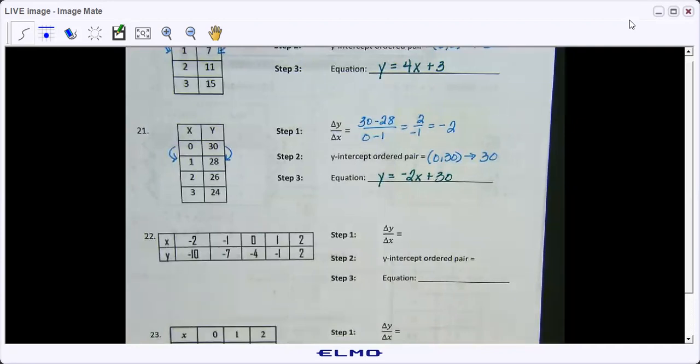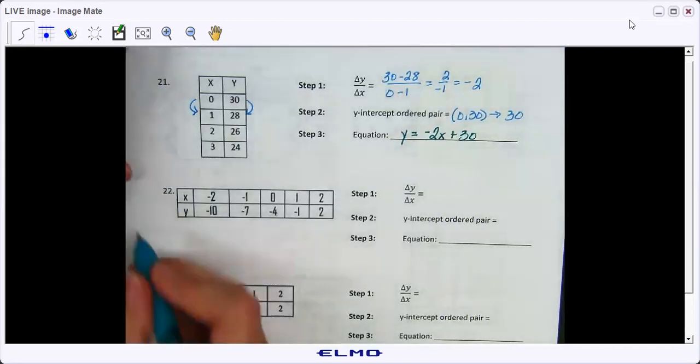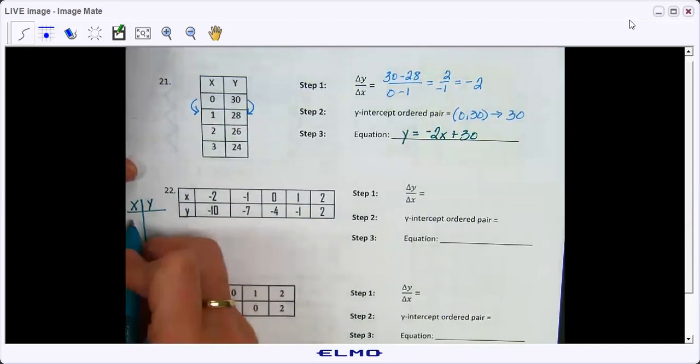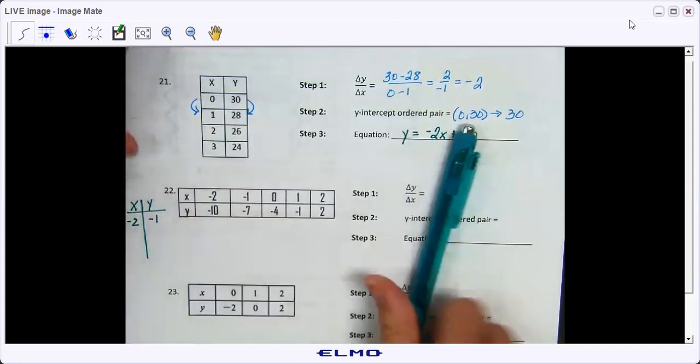All right, now we're going to get down to 22 and 23. I put these in here because they are sideways tables, and sometimes you're going to see those. A lot of times what I do, though, is I recreate the table vertically to make it a little bit easier. And you only really need, oops, see, I've already done it wrong.